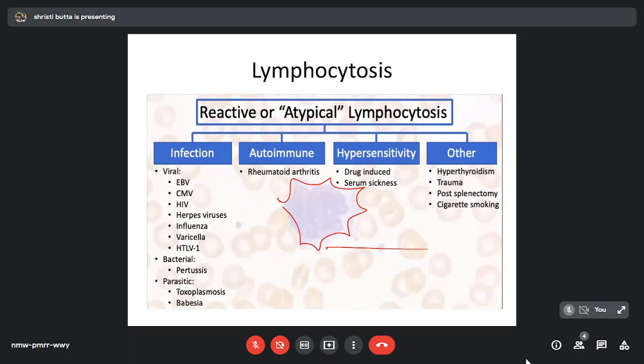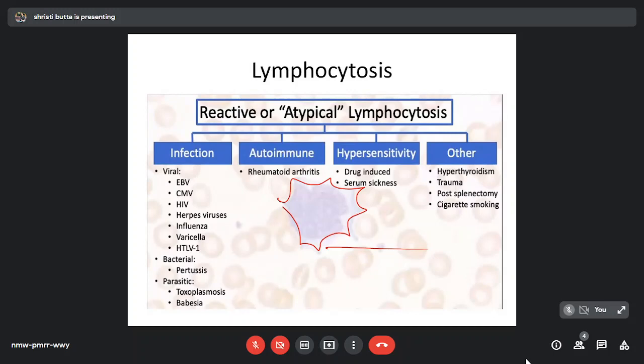We have infections like viral infections: Epstein-Barr virus, cytomegalovirus, HIV, herpes, influenza, varicella, HTLV; bacterial infections like pertussis; parasitic infections like toxoplasmosis. We also have autoimmune conditions, hypersensitivity reactions, hyperthyroidism, trauma, post-splenectomy patients, and even cigarette smoking can cause reactive lymphocytosis.